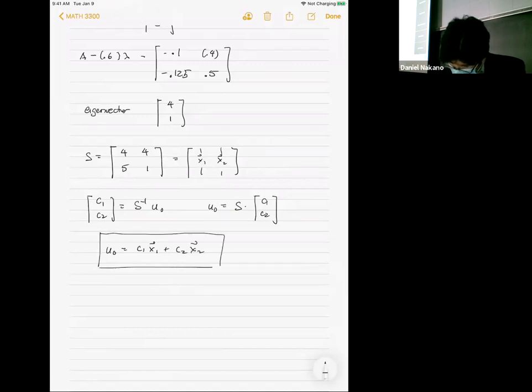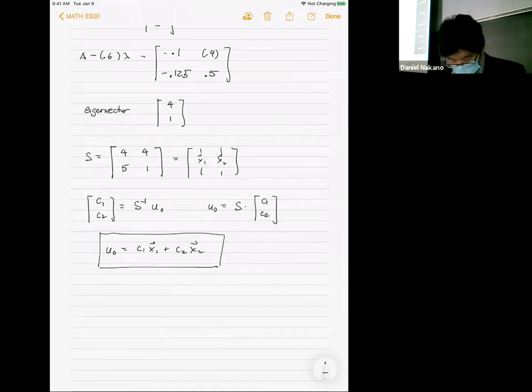So we could take this equation we had before and re-express u0 in terms of the C's and the columns of the matrix S, the eigenvectors.